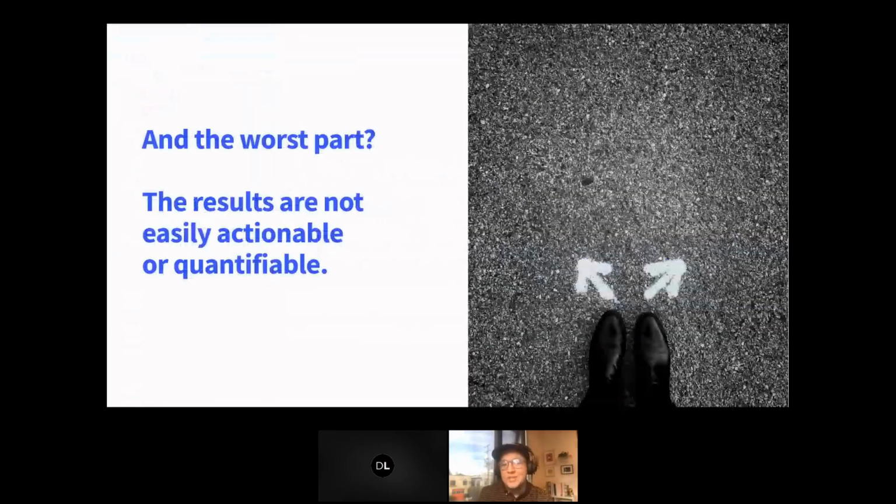And the worst part about this is that the results typically rendered from these moderated sessions are typically not that actionable or quantifiable. In a moderated sense of user research, the results are more on the qualitative side of the spectrum, which provide great insights, but don't necessarily provide any of that data.